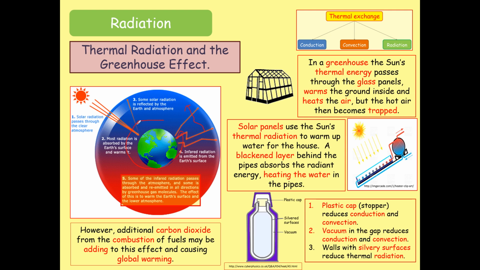The radiation energy from the sun is retained during the day, so that at night, when it's colder, the Earth still retains some of its temperature. This is what we call the greenhouse effect, right? The thermal energy coming from the sun is entrapped inside the atmospheric layers.